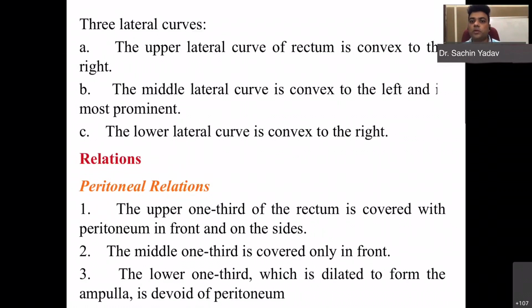In the middle one third, it is covered only in front, and the lower one third, which is dilated in the form of the rectal ampulla, does not have any peritoneal covering. Okay, so in the upper third, the front and the sides are covered. In the middle one third, only the front is covered, and in the lower one third, there is no peritoneal relation.